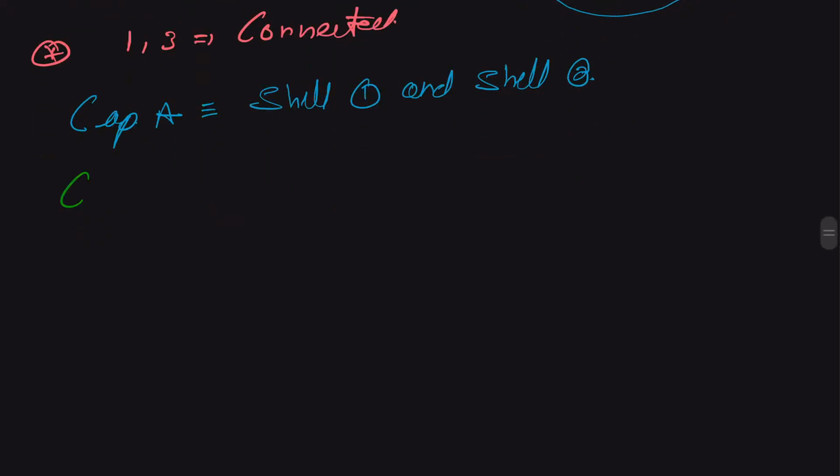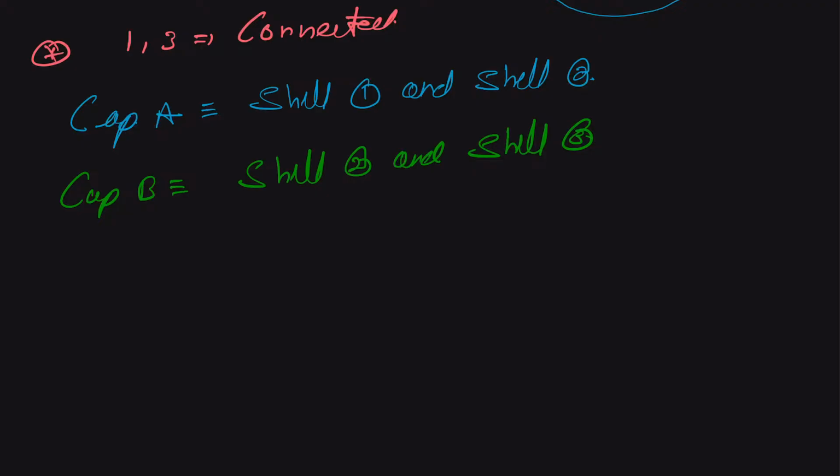And then we come to our capacitor B, and this capacitor B will be formed between shell number 2 and shell number 3. So we are going to have 2 capacitors: capacitor A and capacitor B.